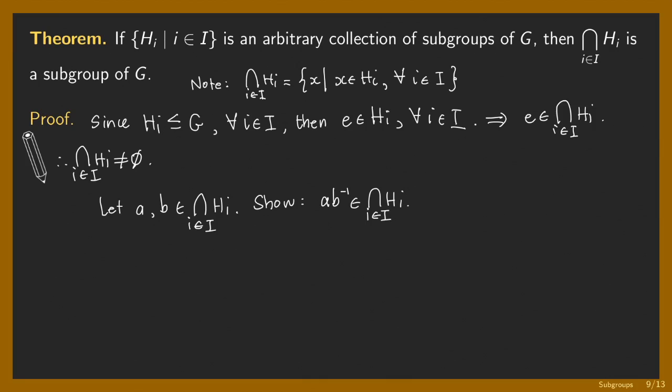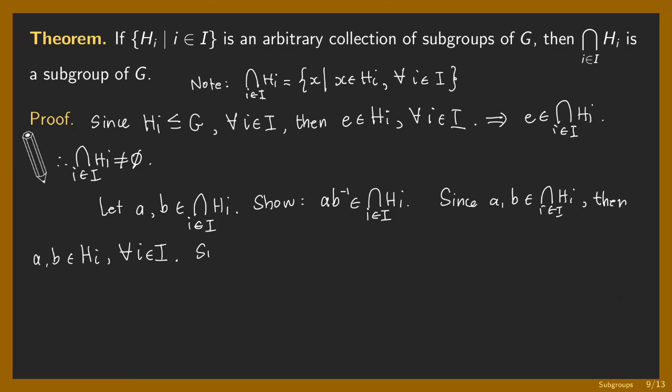Okay, so how do we do this? First of all, since A and B are elements of the intersection, by definition of intersection, A and B must be elements of H_i, and that must hold for all i in capital I.